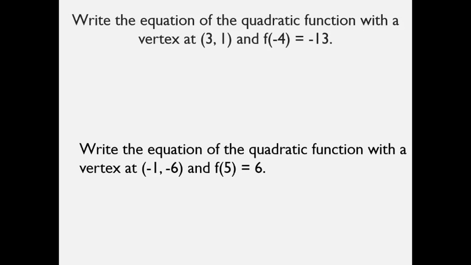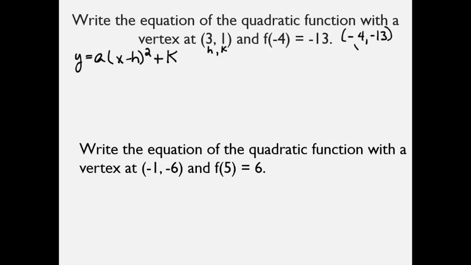So vertex form is y equals a times (x - h) squared plus k. So 3 and 1 are h and k. And our point is (-4, -13).